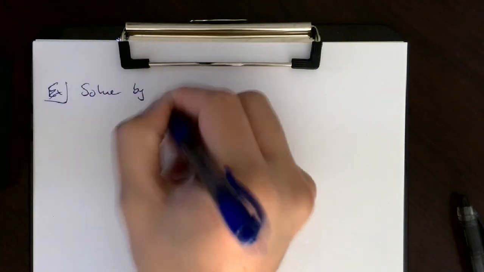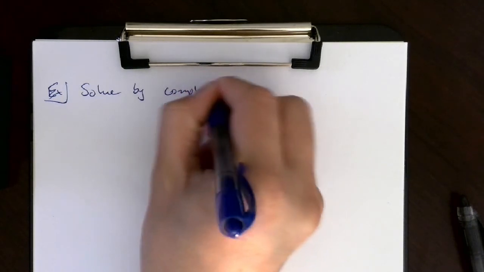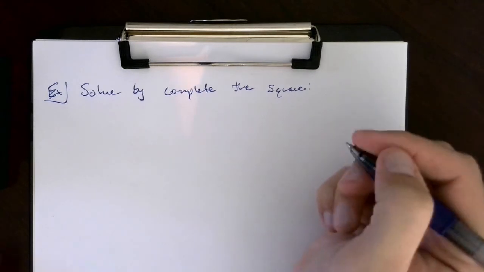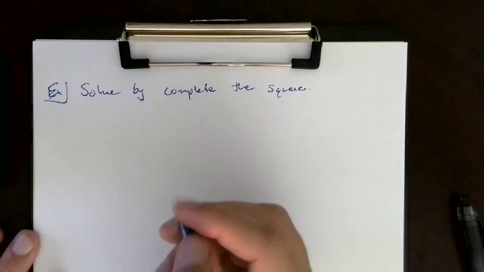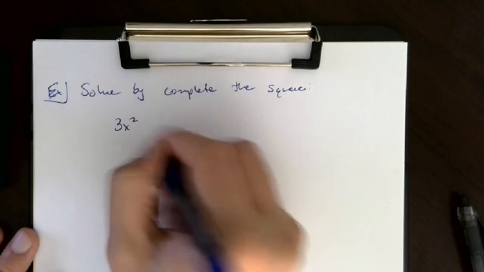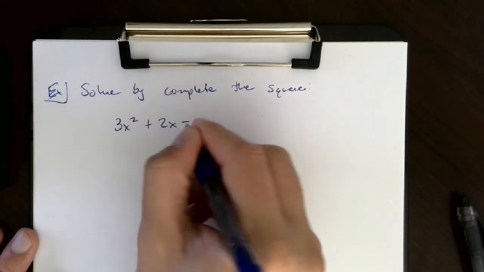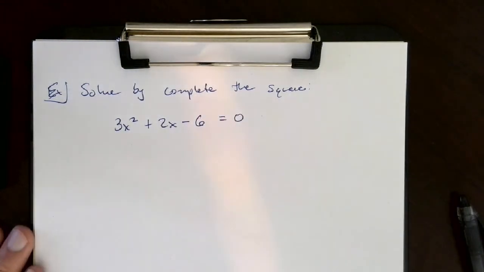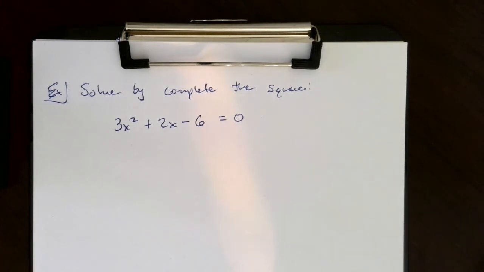So this one here, if I said to solve by completing the square, and we had 3x² + 2x - 6 = 0. So you might want to pause it, try it on your own, and then come back and go through it.